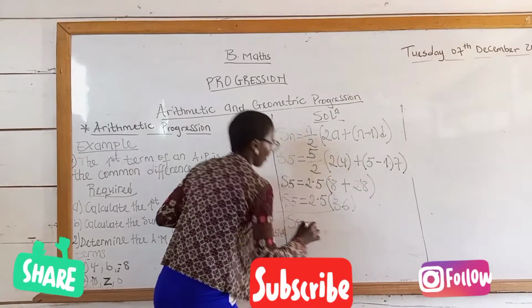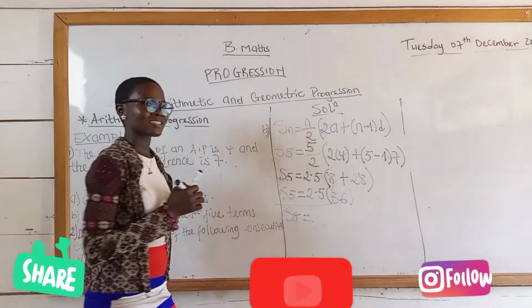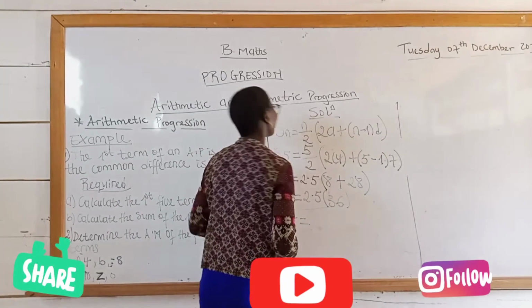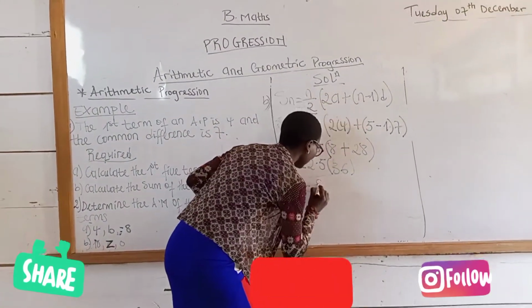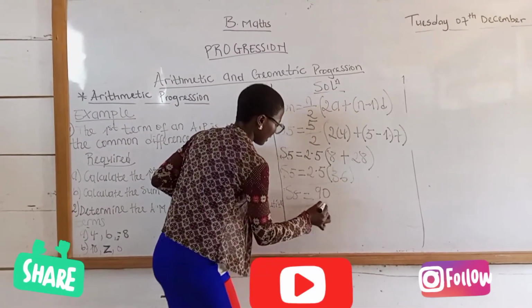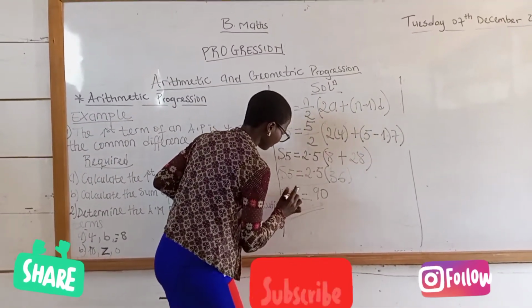S5 equals 2.5 times 36, which will give us 90. That is our S5.